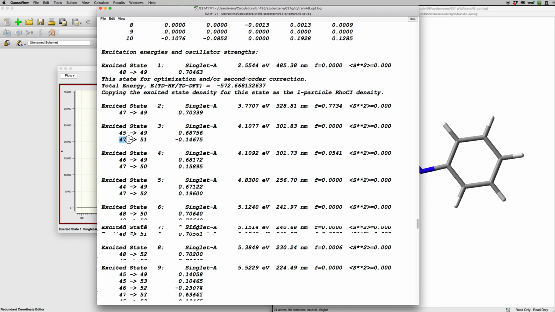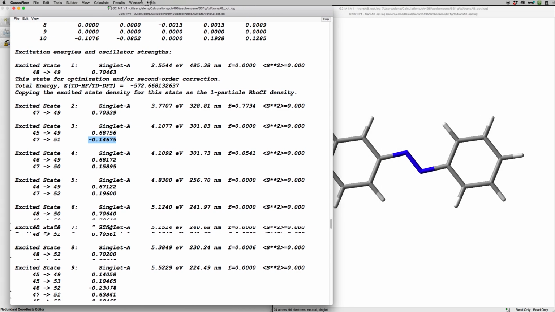And there is contribution from a second pair, which is orbital 47, going to orbital 51, and this is its contribution. Okay, so if you want to get the contribution of the second pair, you take the square of minus 0.14675 and divide that by 0.5. So that's going to give you the contribution.